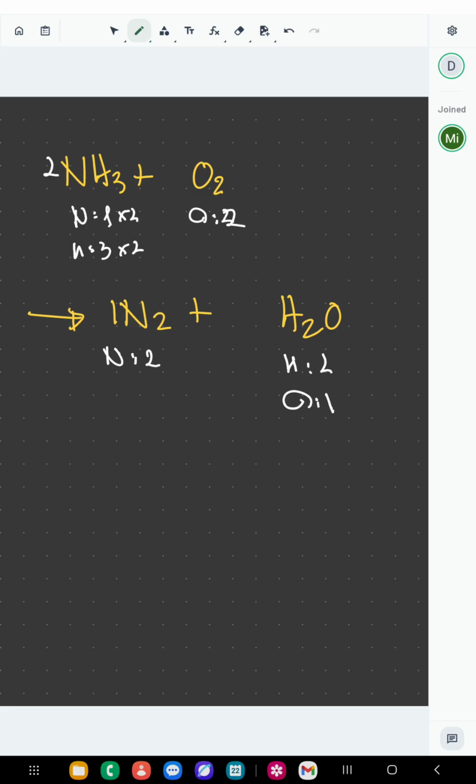So it should be 2, your nitrogen. But your hydrogen will become 6. No, it's only N2. Sorry about that. And what will happen to your oxygen? Yes. So you need to multiply by 2.